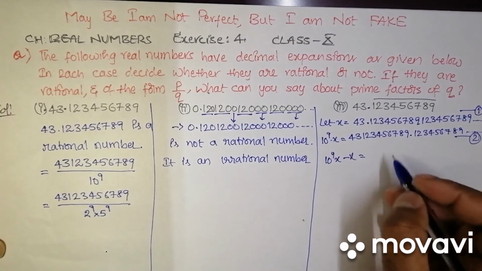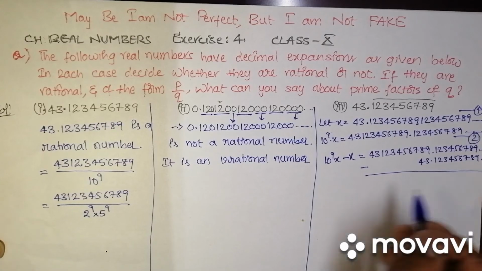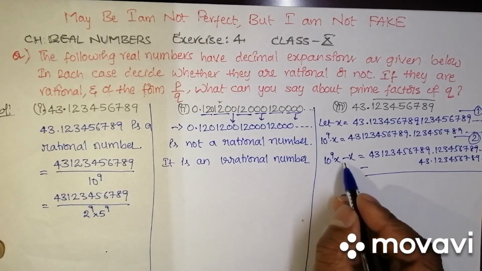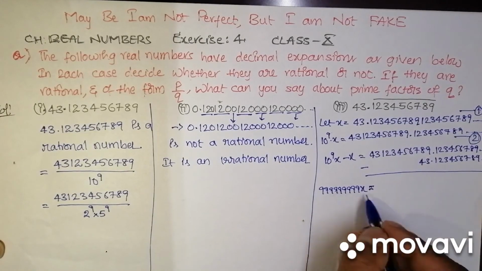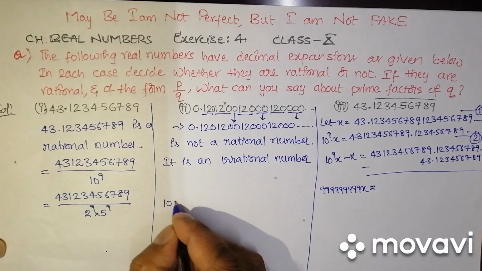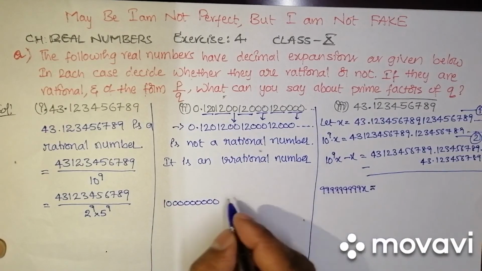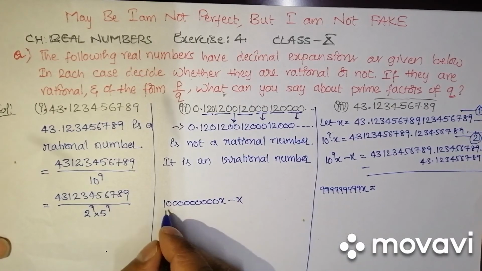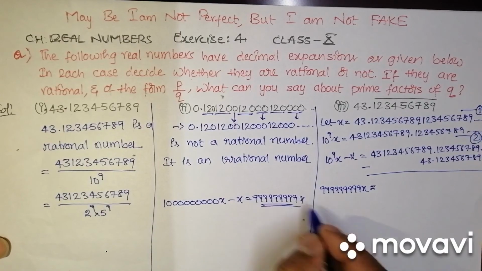Let me write it column-wise. What will be the answer if you subtract? 10 to the power of 9 x minus x, you will get 9 nines x. How do we get this? 10 to the power of 9 x can be written as 1 2 3 4 5 6 7 8 9 x, and if you remove 1 x from this, you get 9 nines x.